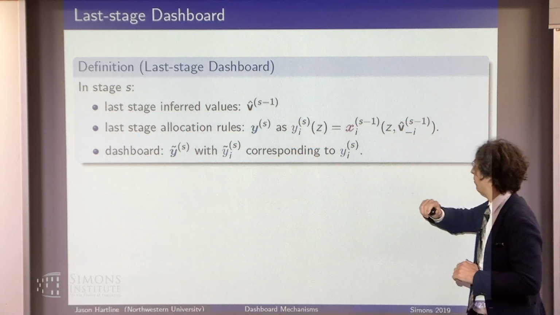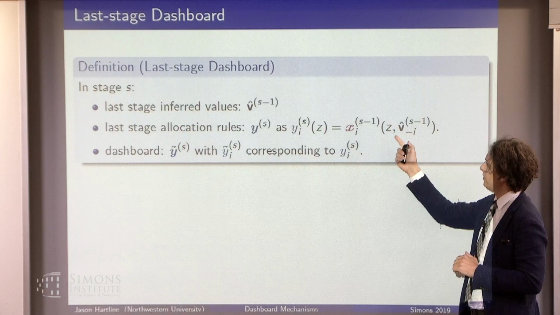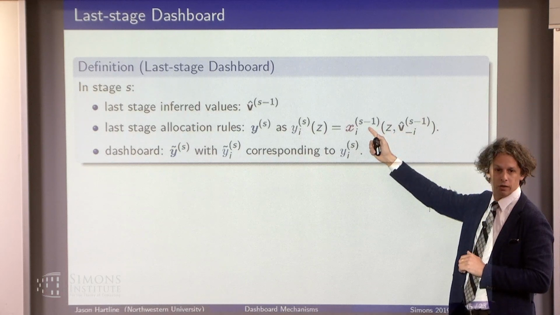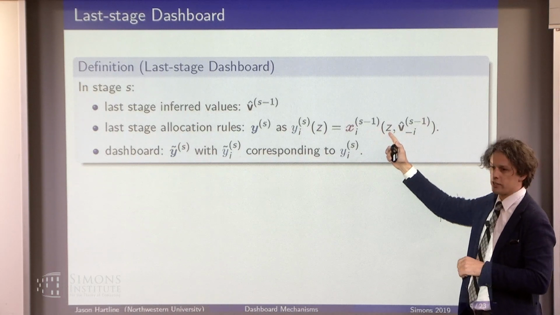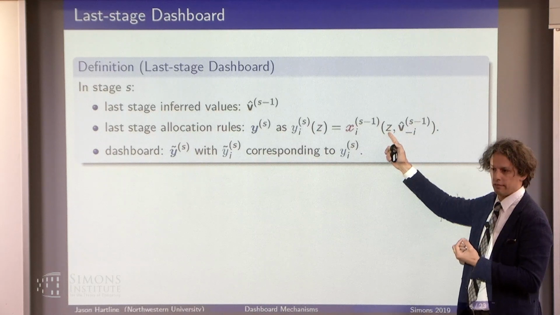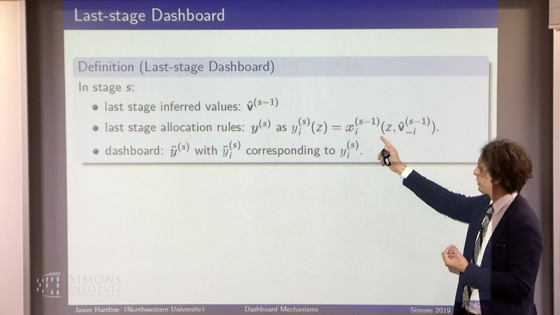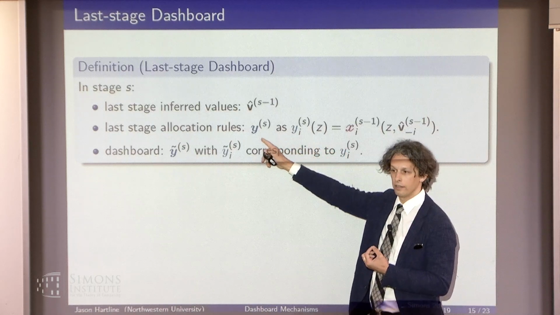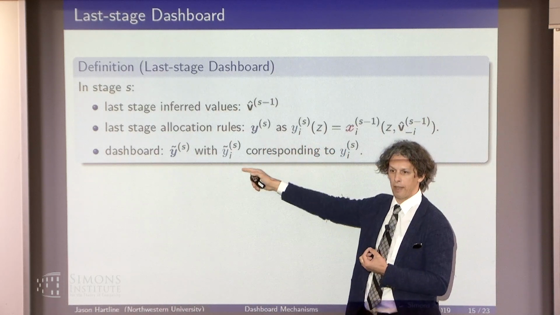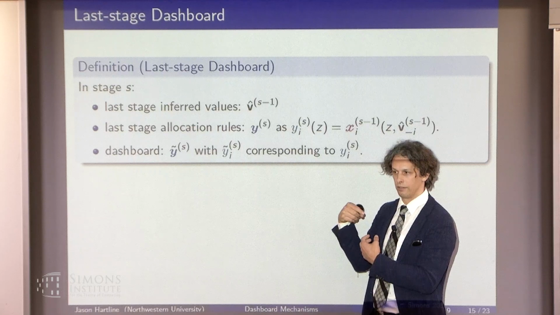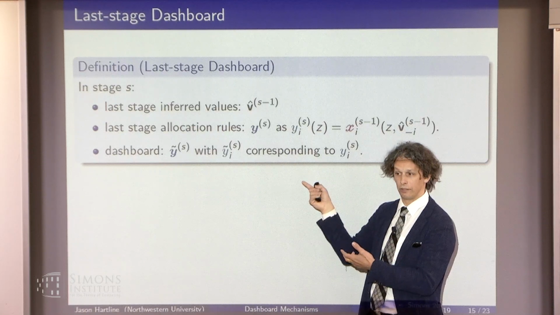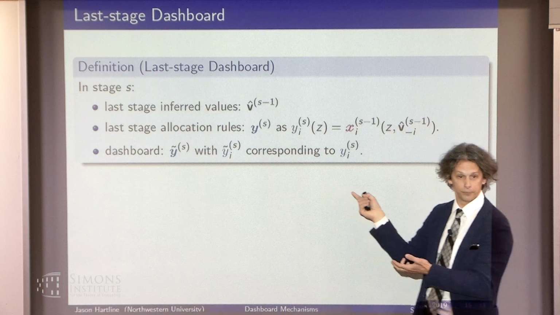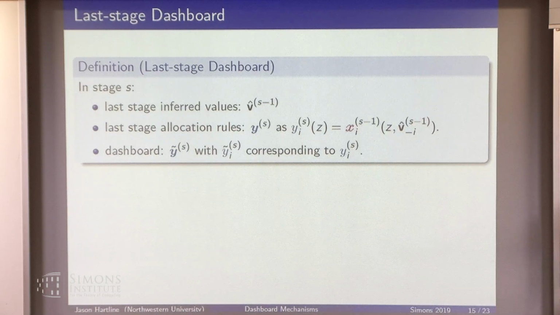I'm then going to say, what if I plug these inferred values into the last stage's allocation rule, but I change the player i's value in that to get an allocation rule, which I'll call y. And then I convert that into bid space by the single agent construction for every player to get a bid allocation rule, which is my dashboard. So I just look at what we were doing last stage, and I give them the bid allocation rule that corresponds to that.